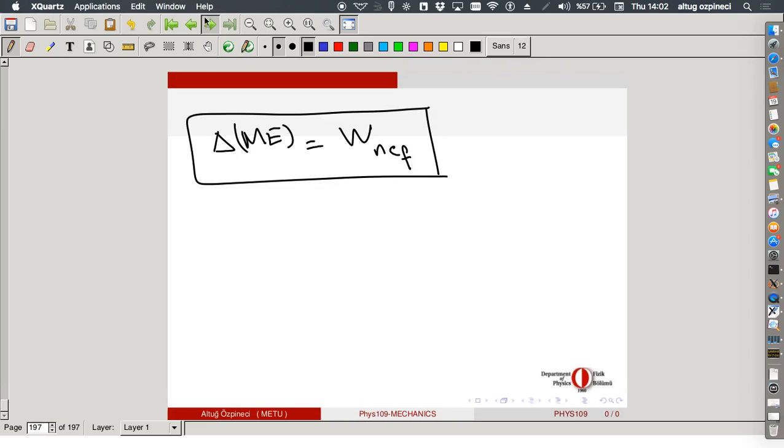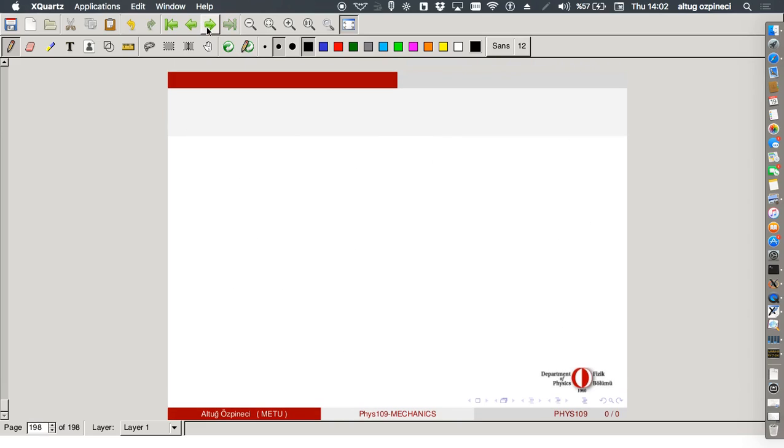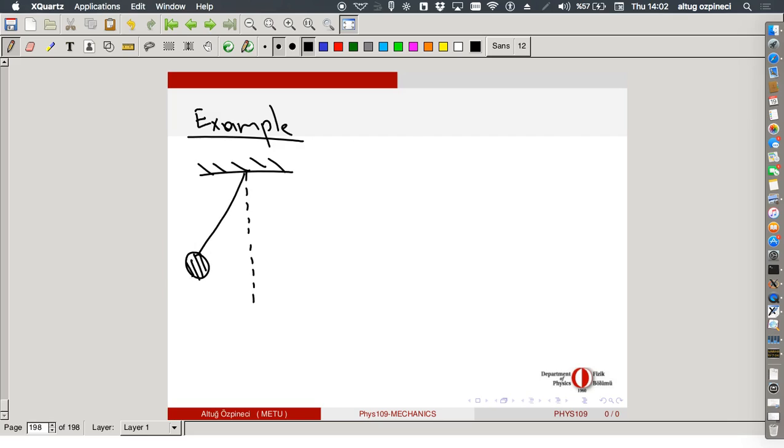Let's do an application. One is always the pendulum, one classical example. Let us assume that we have some mass m attached at the end of a spring. This is our pendulum.